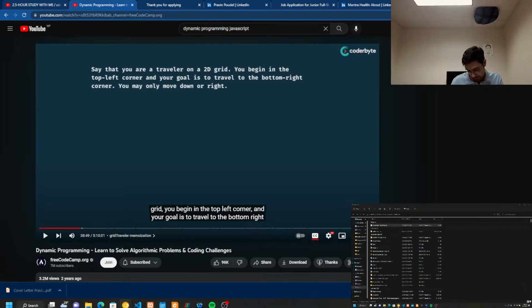So it's 2 to the power n. But it can be linear time if we do memoization. We can also do dynamic programming in this, I guess.